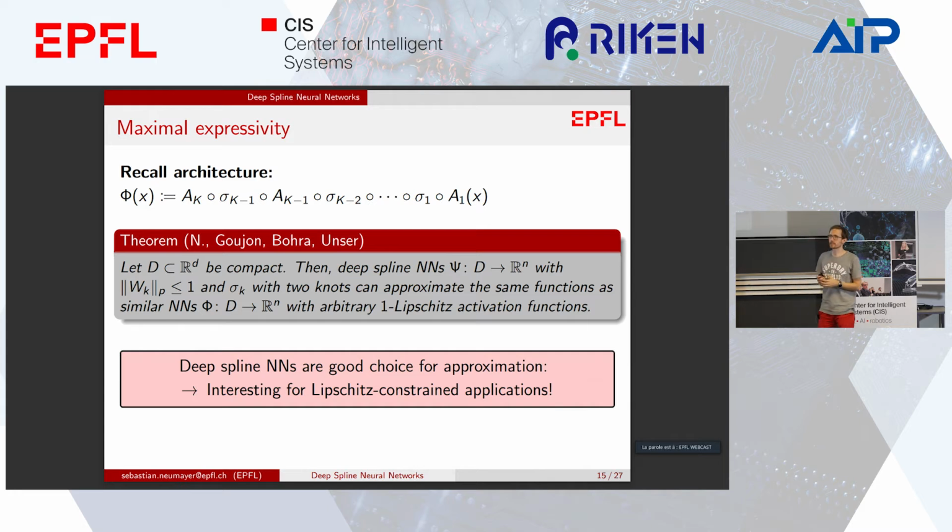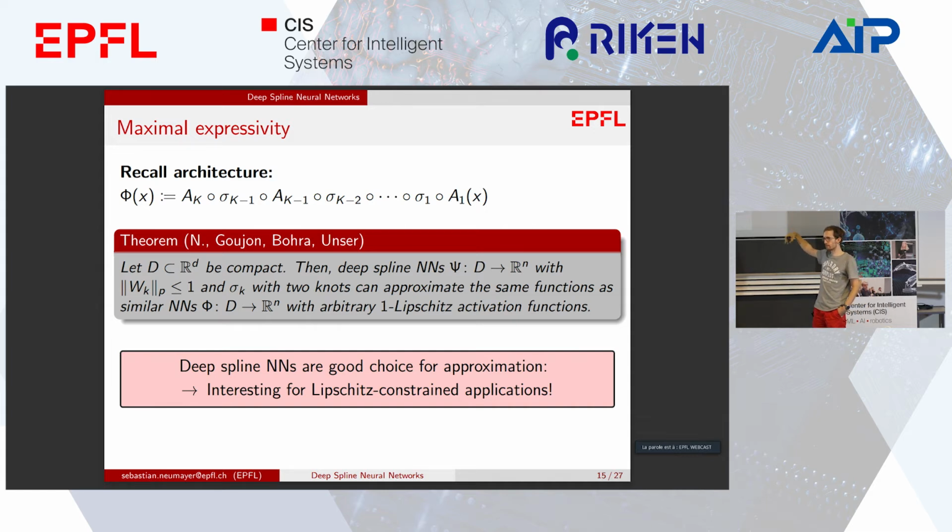In some sense, we can say that we are maximally expressive. So if we assume that D is a compact set, then the DeepSpline neural networks with these weight constraints and linear spline activation functions with exactly 2 knots, so we don't need more knots, it really suffices to stay in this setting, can approximate the same functions as a general neural network with arbitrary component-wise activation functions that are 1-Lipschitz.